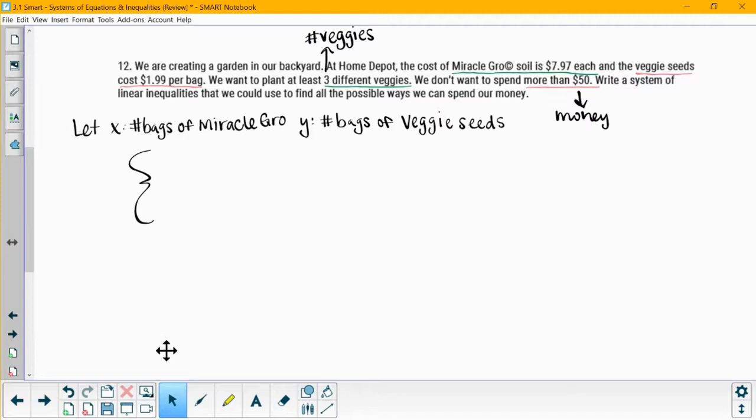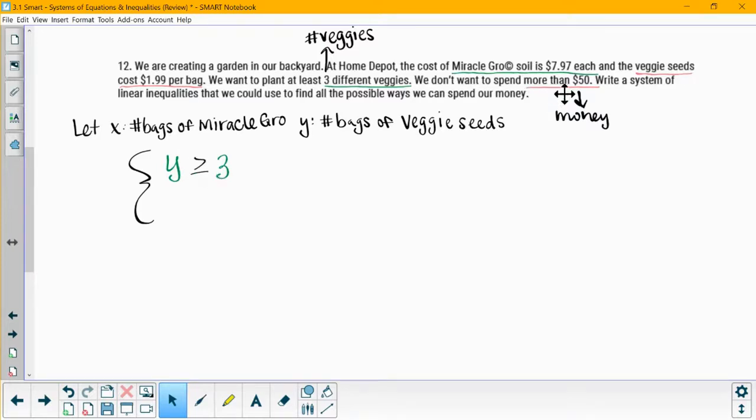I let x be the number of bags of Miracle Grow and y be the number of bags of veggie seeds. And I'm going to deal with the fact that I want at least 3 different veggies first. So I'm going to have an inequality where y has something to do with 3. And we want it to be at least 3. So y needs to be greater than or equal to 3.